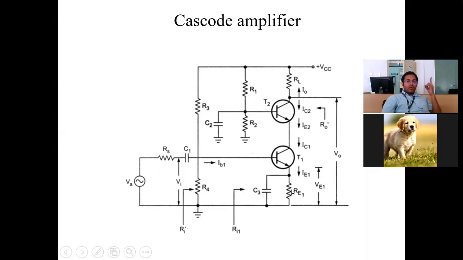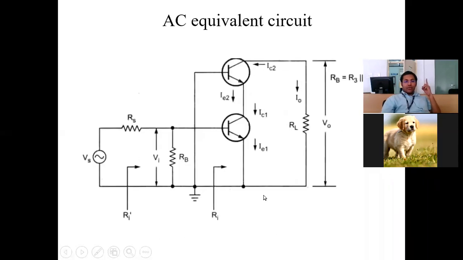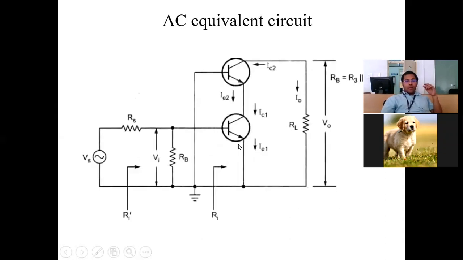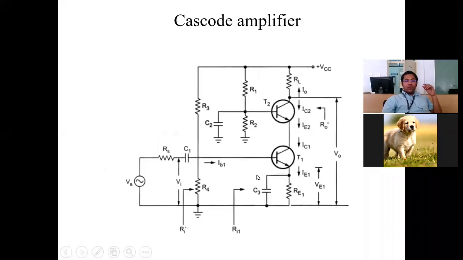First point, in AC, capacitor acts as short circuit. So the emitter is directly connected to ground. So this part also we completed. This connection is as it is. Collector going to emitter.